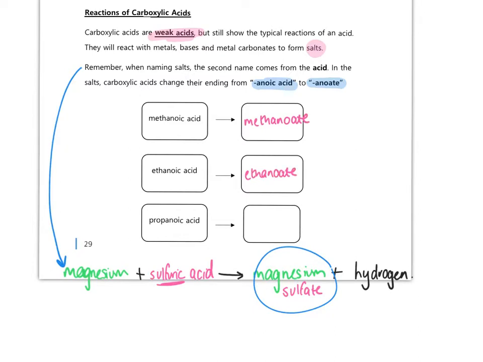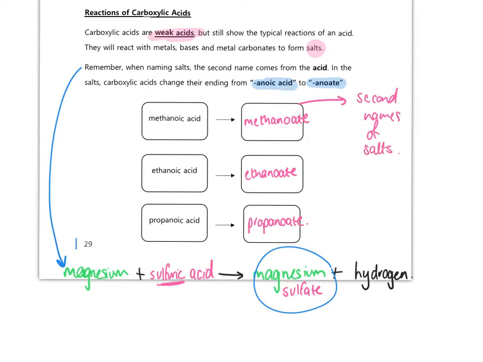And if we used propanoic acid, it would change to propanoate. So essentially your oic is changing to oate, and you're dropping the acid. So these are all the second names of your salt.